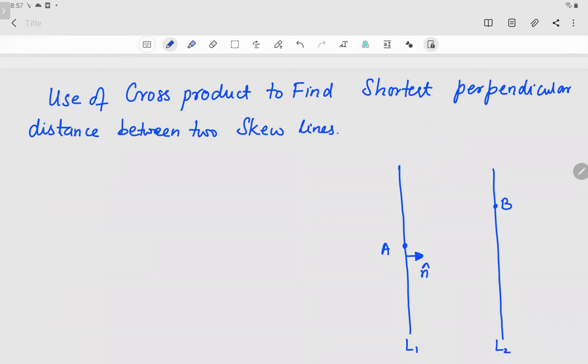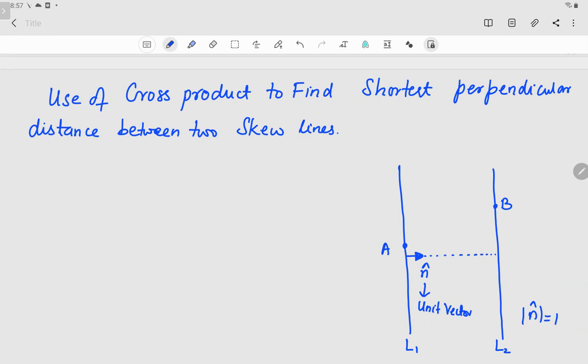Okay. n is a unit vector. The magnitude of n is 1 because it's a unit vector. And it's perpendicular to line L1 and perpendicular to line L2. Okay. And line L1 and L2 are parallel.